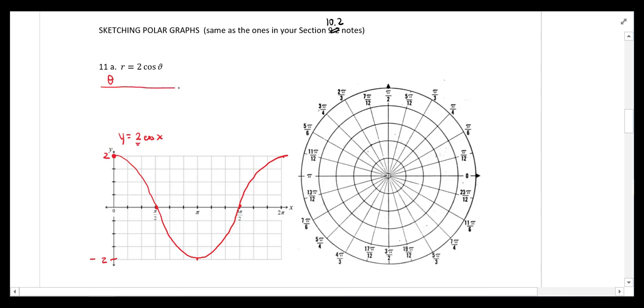Theta and r: theta is like your x, and r is like your y. When theta equals 0, the r value is 2. Just some key points: pi over 2 is 0, pi is -2, 3 pi over 2 is 0, and of course, 2 pi back to 2.